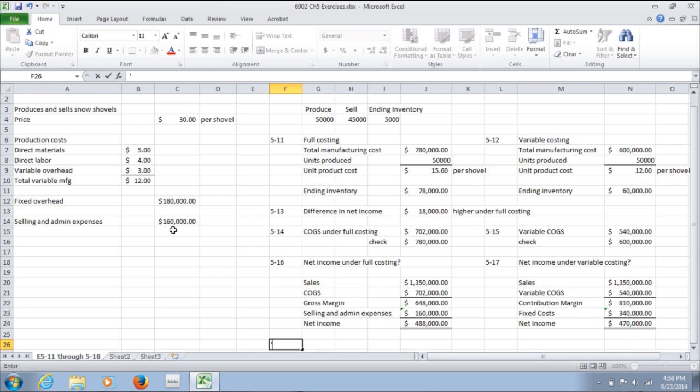So in 518, we're asked to figure out how much fixed overhead is in ending inventory under full costing.